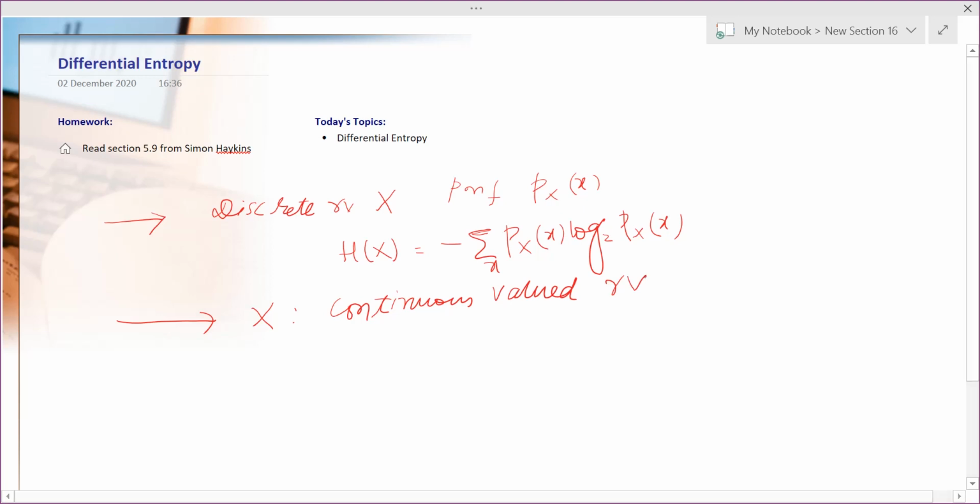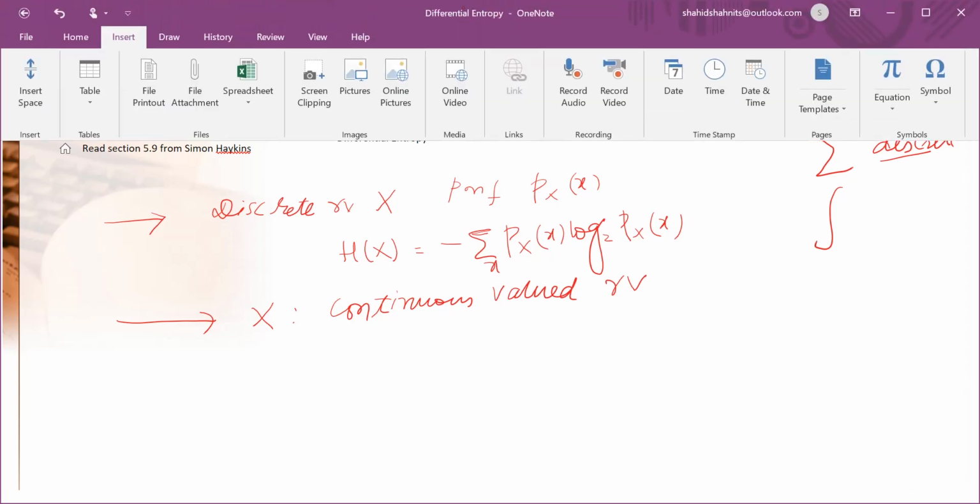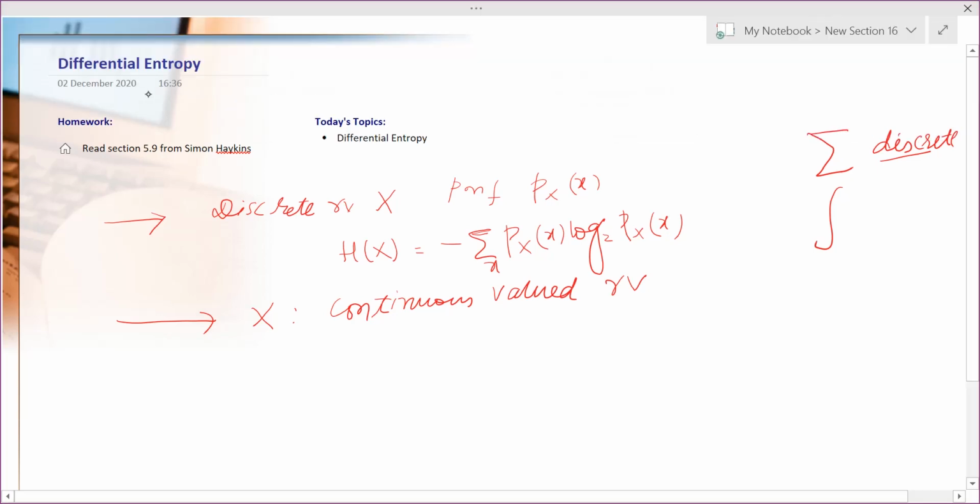So without going into any details, I will directly use an analogy that whenever we have a summation in case of discrete, in case of continuous analog we have an integral. So we define entropy for this case in this way: minus integral, and then this x is a continuous random variable.